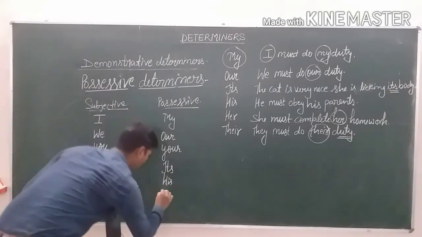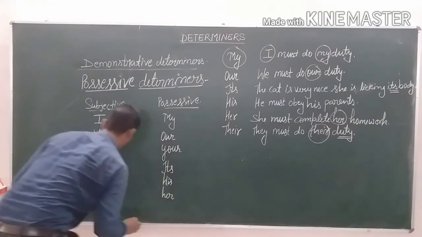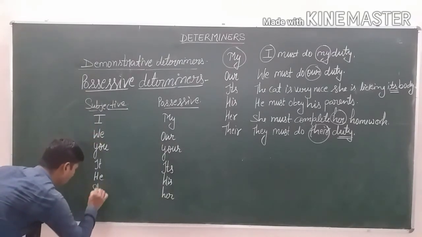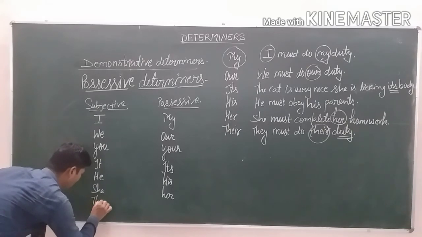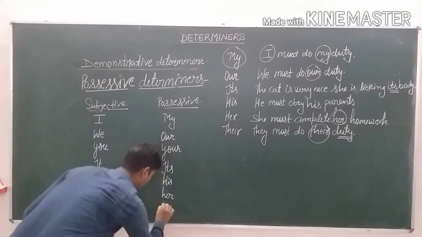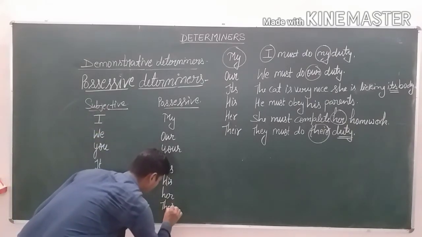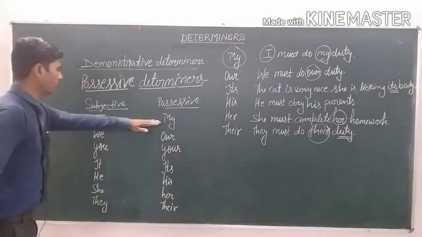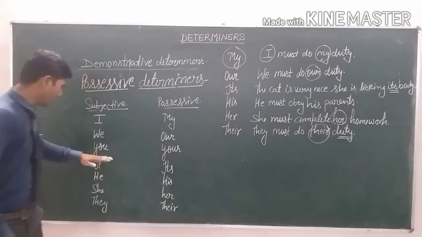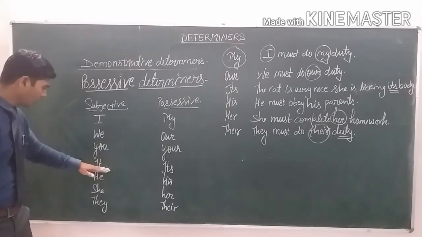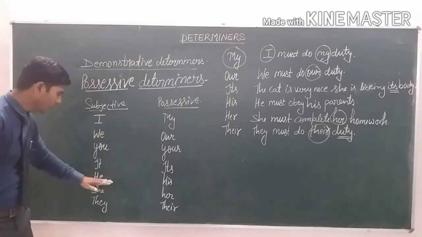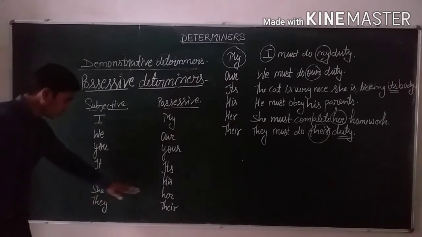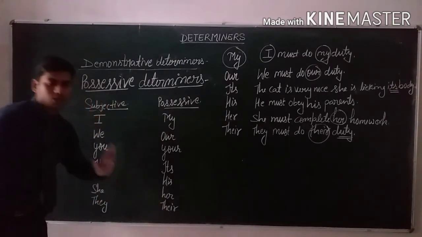She, her, for feminine gender. They, their. I, my, we, our, you, your, it, its, he, his, she, her, they, their. Okay?